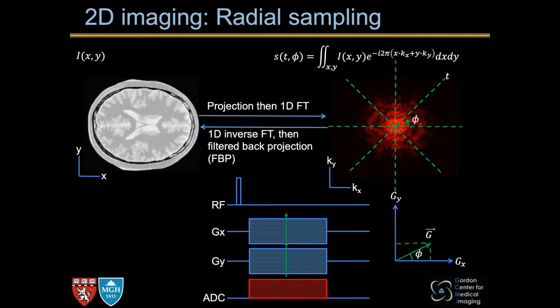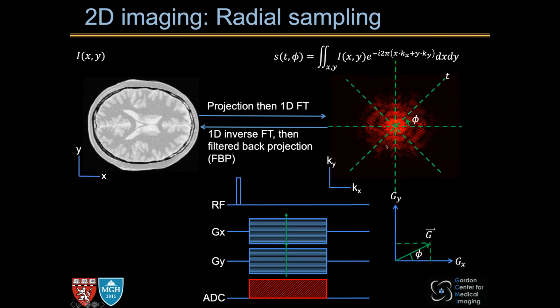Okay, now we know how to perform a 2D imaging experiment. Basically, to recap, we first do signal excitation with an alpha pulse, and then we apply magnetic field gradients in the x direction and the y direction with different combinations of amplitude, which gives us the angle of this effective gradient. Then we acquire data.